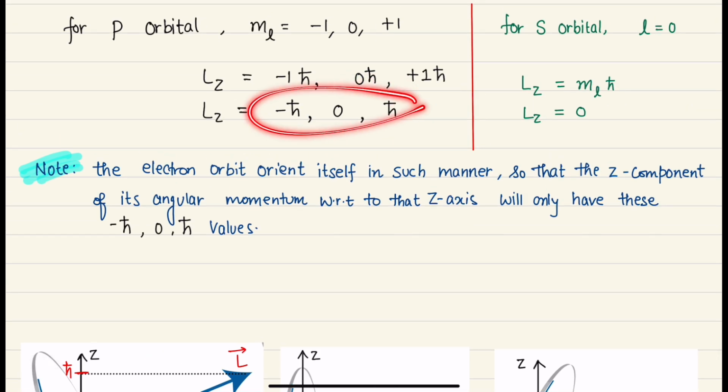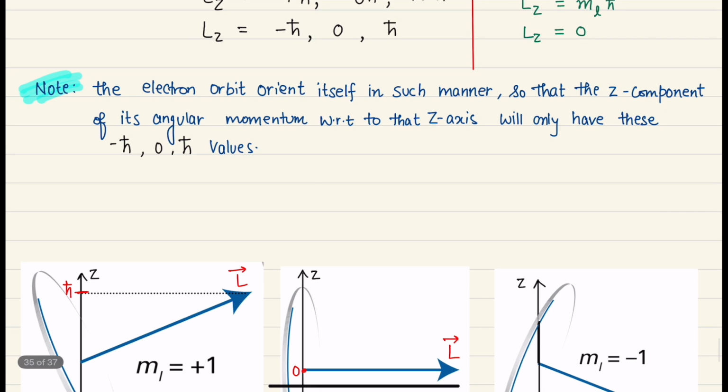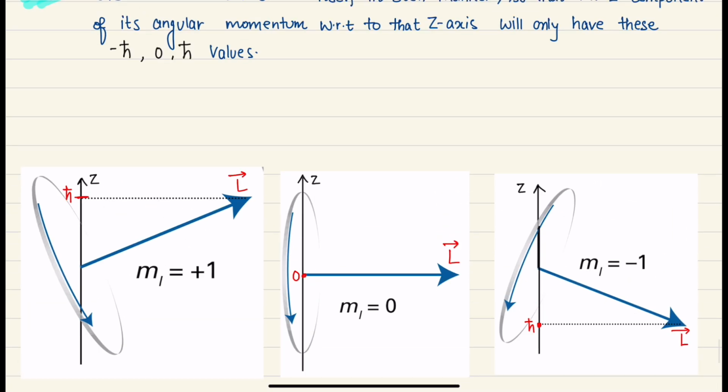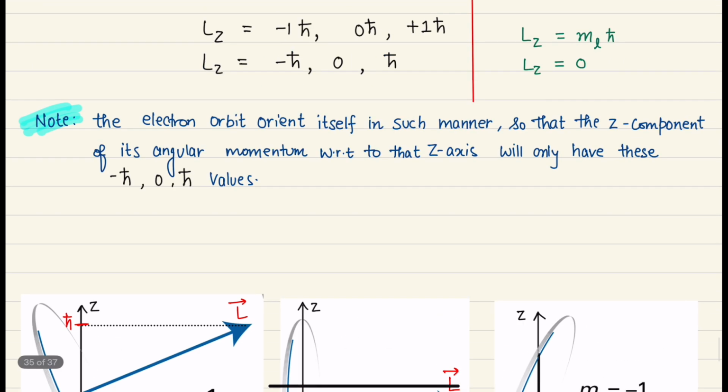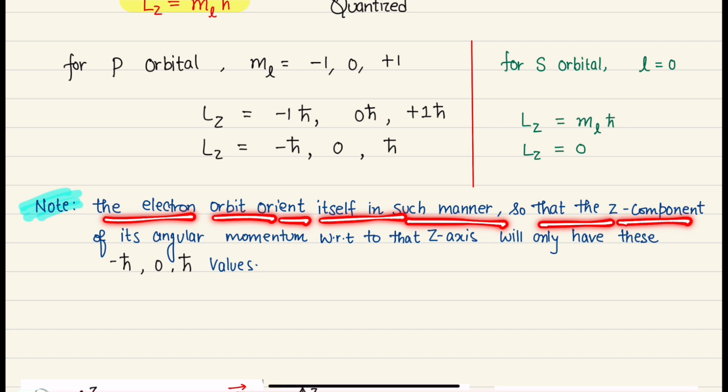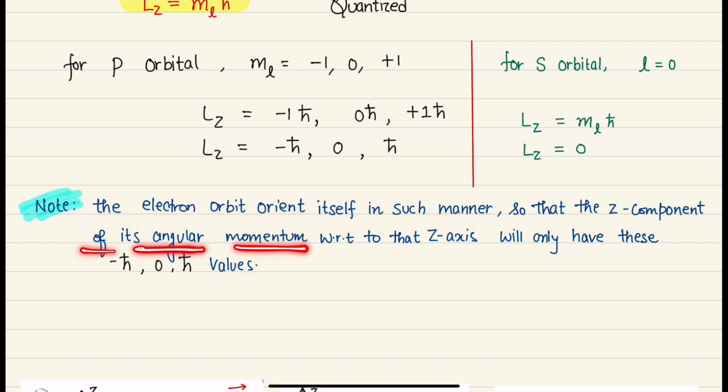What does this 3 value mean? See, what happened? So first of all, if you have ml equal to +1, note the electron orients itself in such a manner that the z component of its angular momentum with respect to that z axis will only have these 3 values.